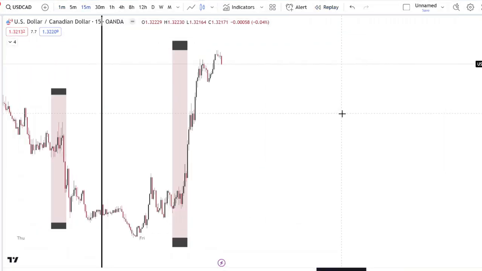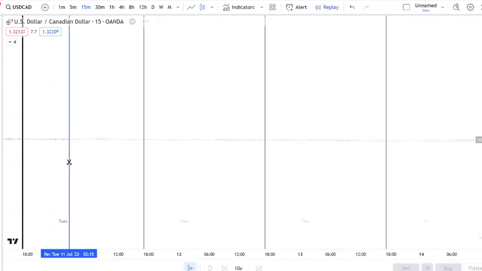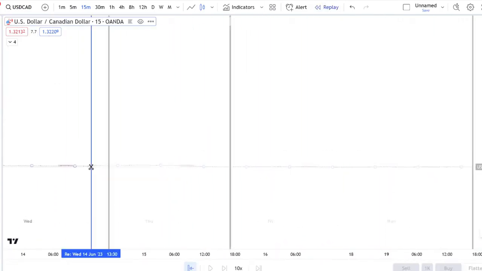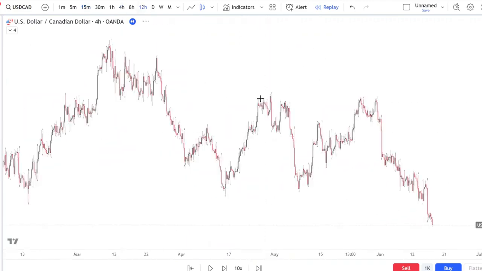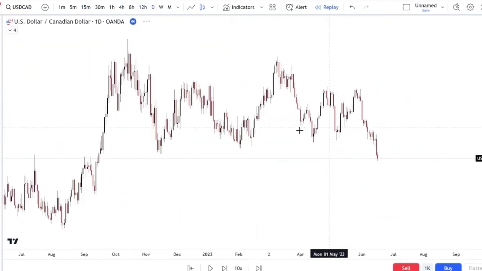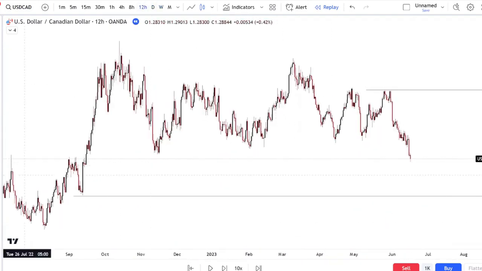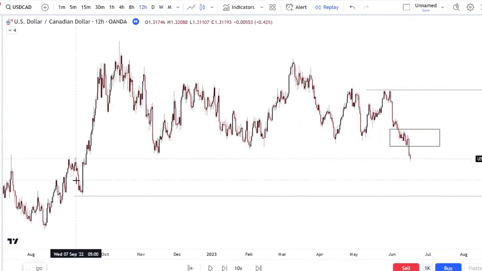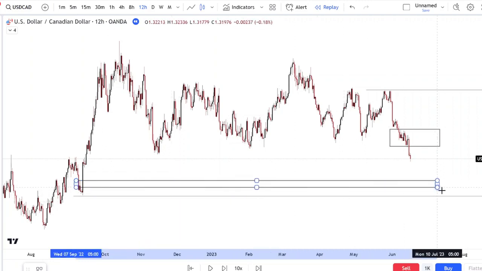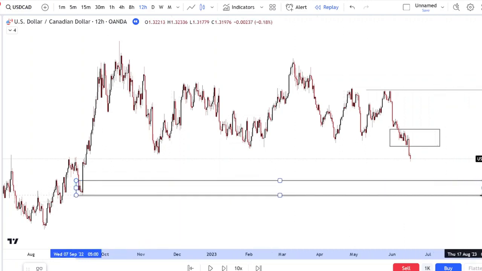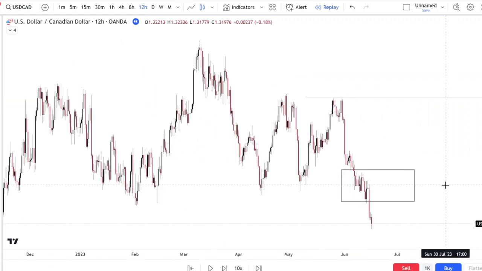So for the second example, we're going to use USD/CAD. I'm just marking up macro levels as guidance, basically for directional purposes.